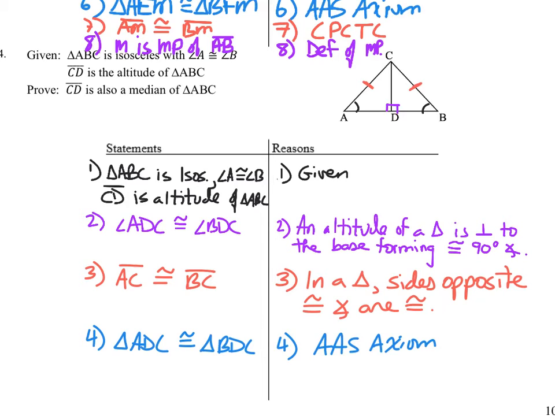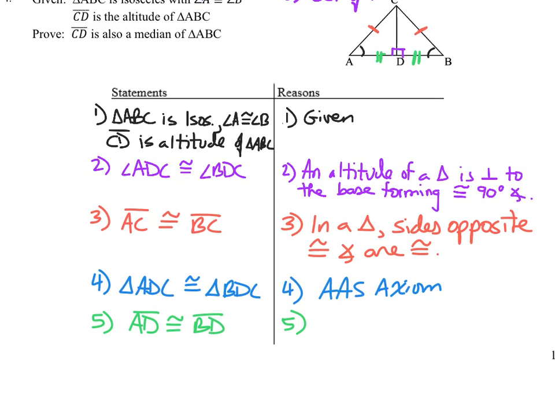Then I can go with my corresponding parts. Now, it does require you to know what a median is. So I can state now that AD is congruent to BD. And that's because corresponding parts of congruent triangles are congruent.